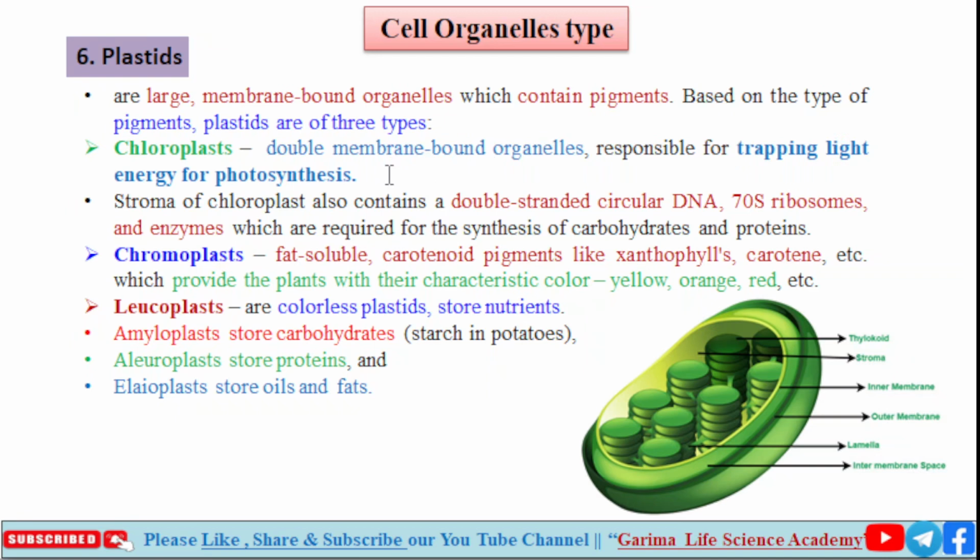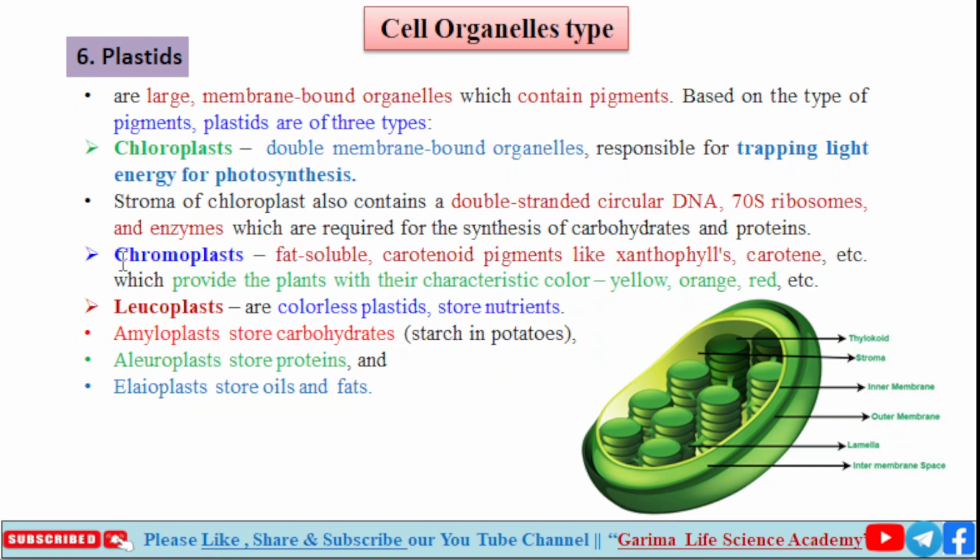The stroma of chloroplast also contains a double stranded circular DNA molecule, 70S ribosomes and other enzymes, which are required for synthesis of carbohydrates and proteins.